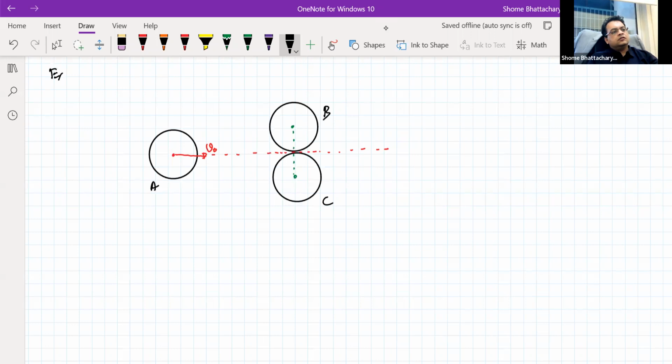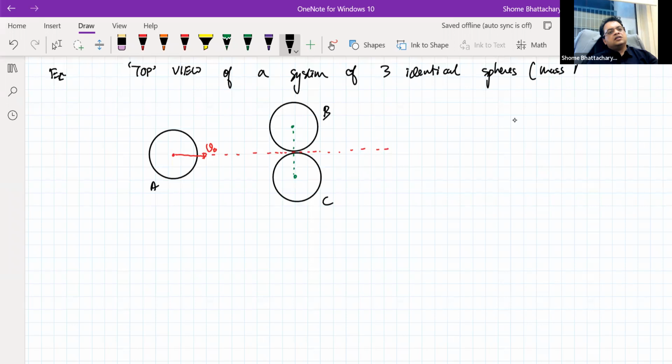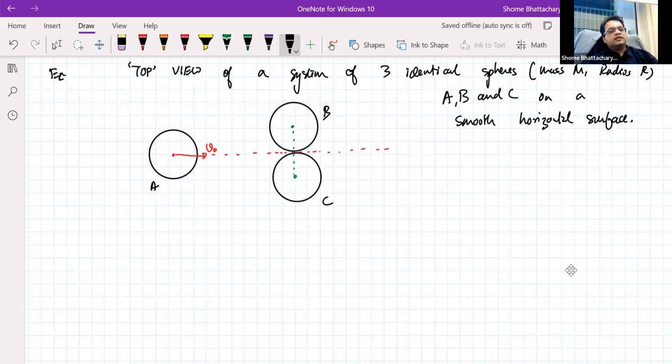So this is the top view of a system of three identical spheres. Mass m and radius r for each. Three identical spheres A, B, and C on a smooth horizontal surface. Initially B and C are at rest and in contact.